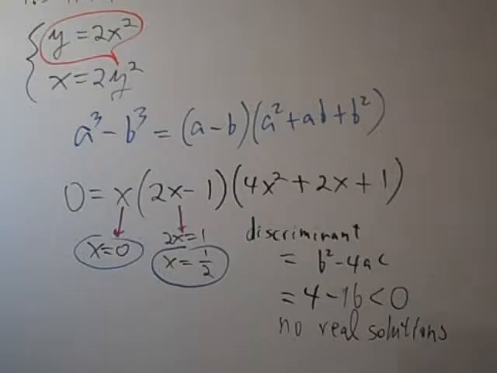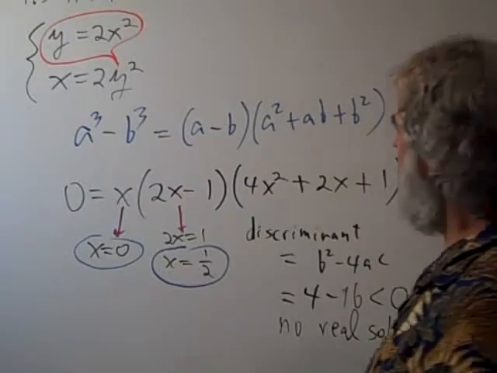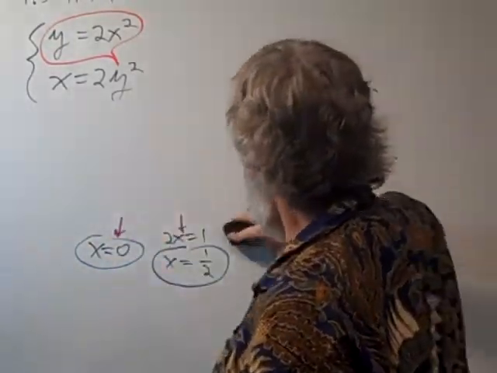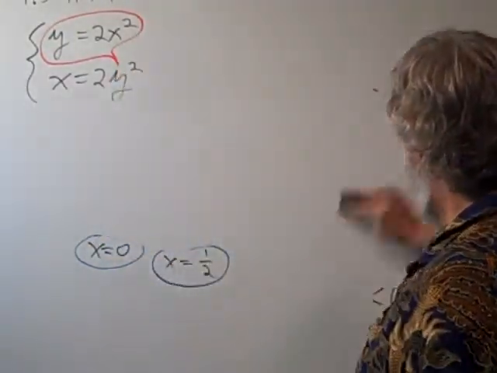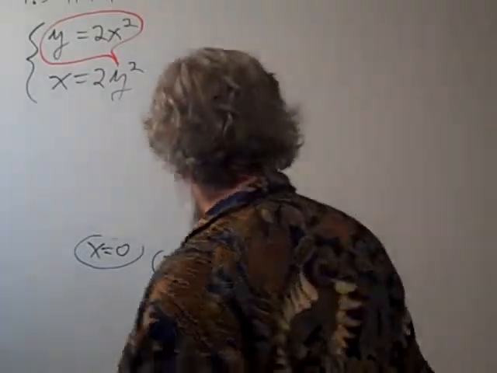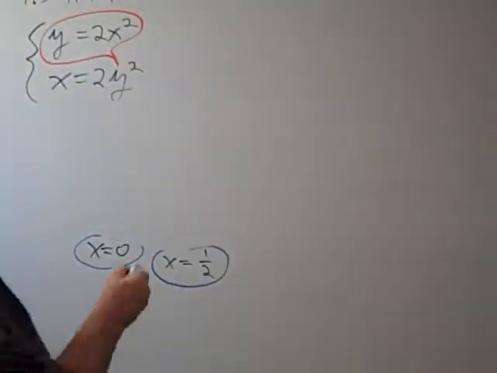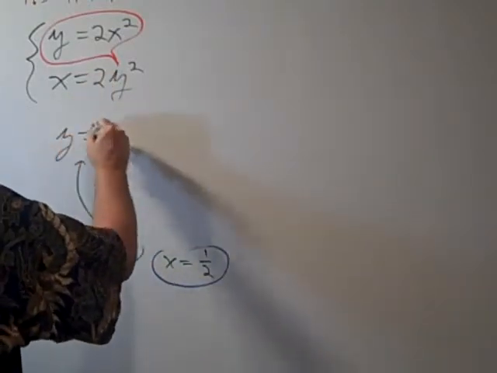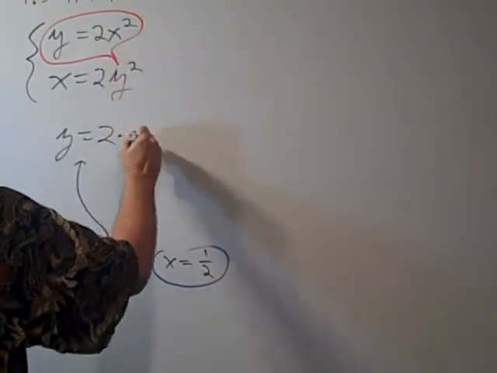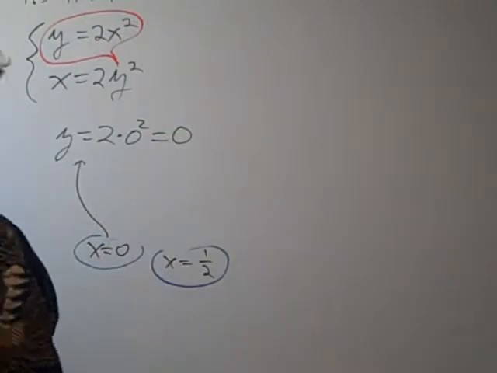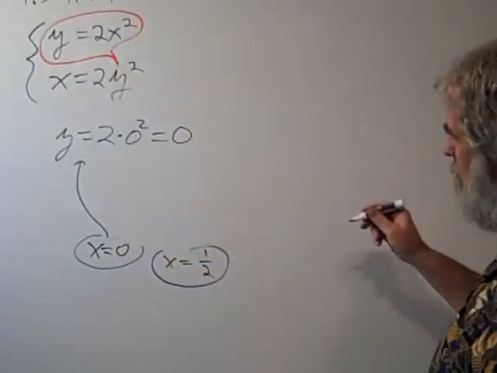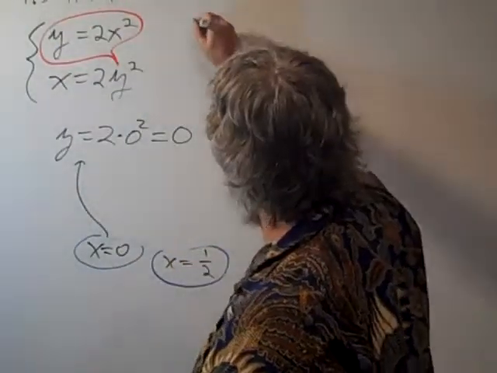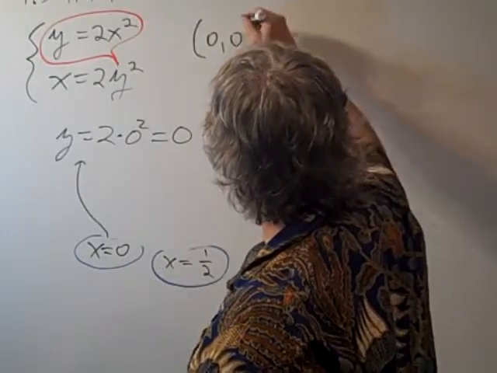And let's find the y values that go with those two x values. So, if x is equal to 0, then y is equal to 2 times 0 squared, then y is equal to 0. So we have one point here, the point 0, 0.